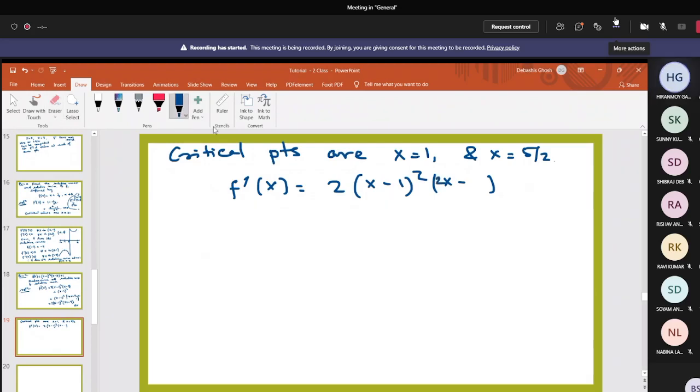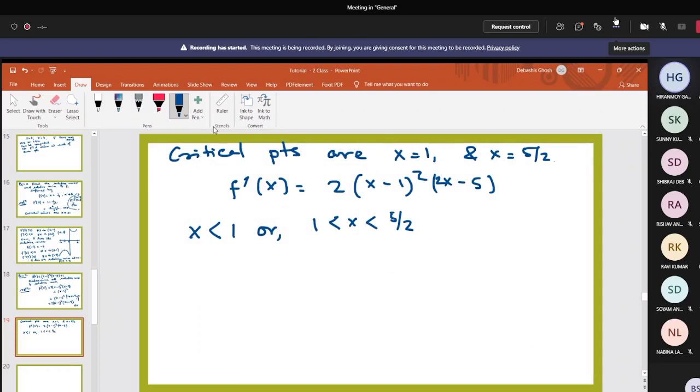2x minus 5 is this. So this portion will never be negative because it is (x minus 1) squared. So the negativity will only come up unless you reach x equals 5 by 2. Therefore, for x less than 1, or if we consider 1 less than x less than 5 by 2, what is happening?